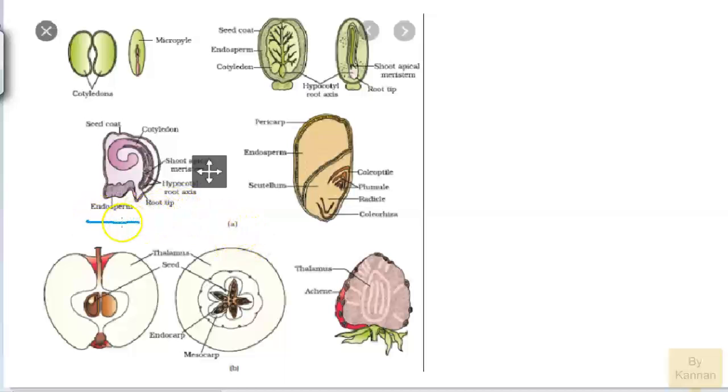As already mentioned, the endosperm is nourishment for the growing embryos and growing seeds. Outside the seeds, the fruit will be formed. The fruit is the outer part of the ovule; the entire ovary grows as a fruit region.